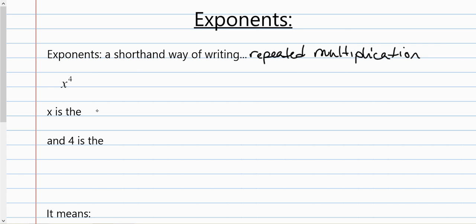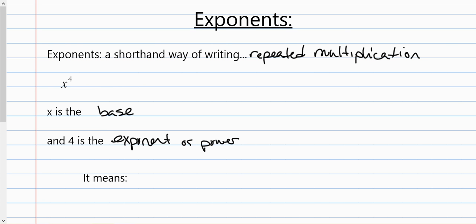X is what we call the base, and 4 is the exponent or power. And overall, x to the 4th means x times x times x times x. So x times itself 4 times. The exponent tells you how many times you multiply the base by itself.